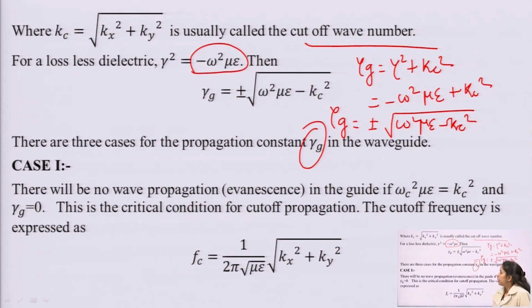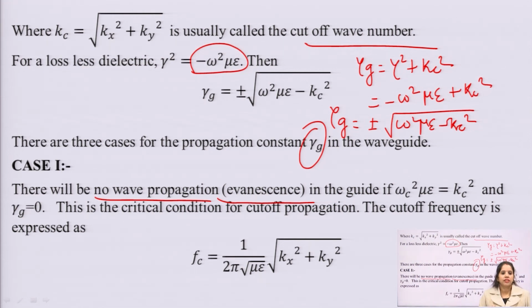First, there will be no wave propagation, and this mode is called the evanescent mode. It is important because it is used to calculate the cutoff frequency. And what is the significance of the cutoff frequency? I already told you that the cutoff frequency decides above which frequency our waveguide will work.